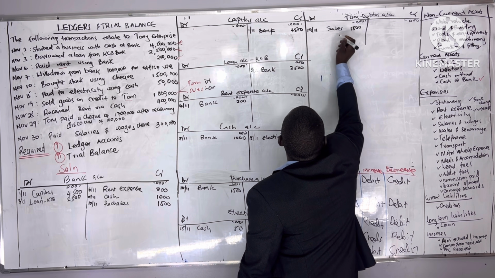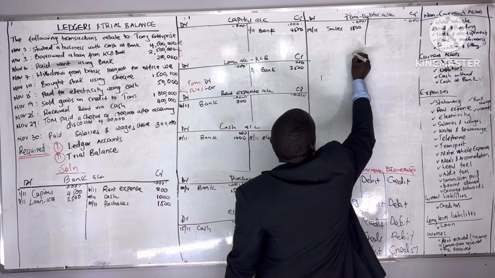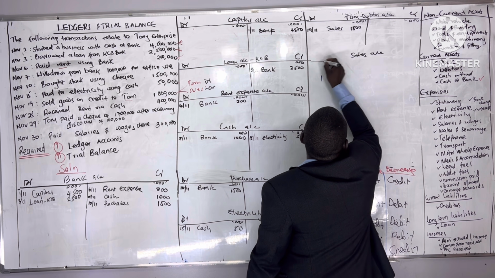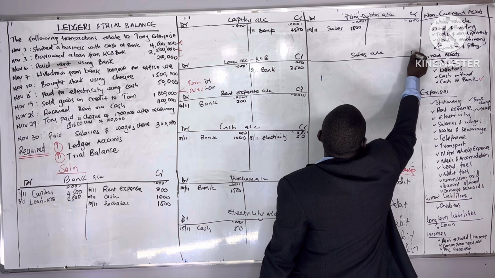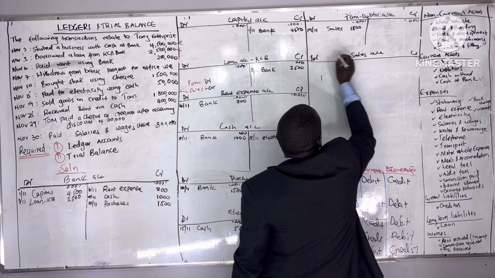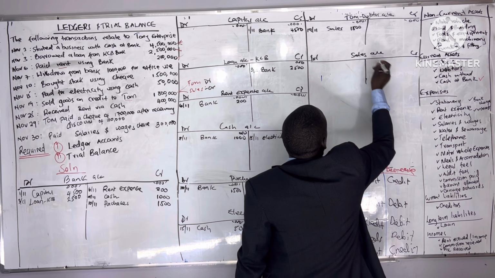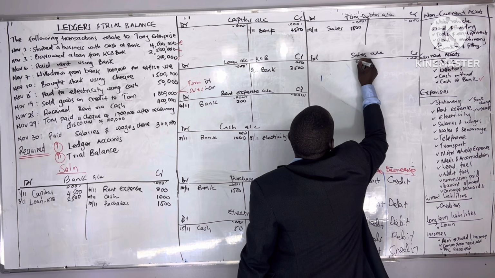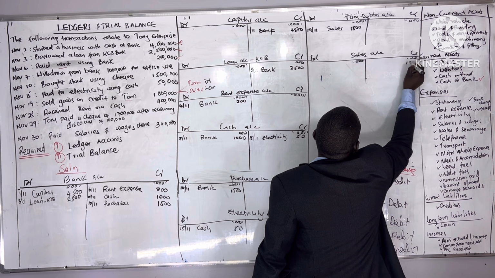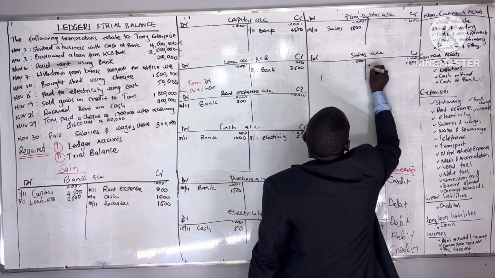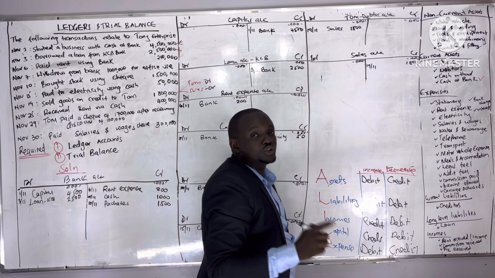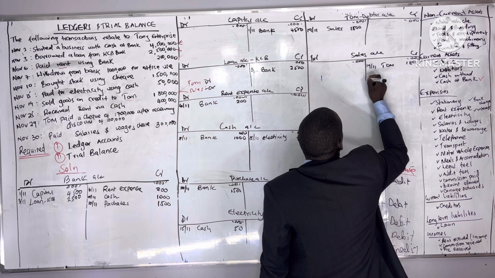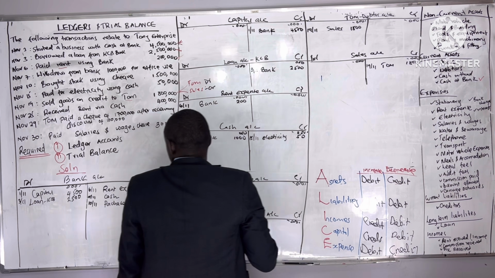These are sales, so we open a sales account. We put a debit and a credit. Since Tom's was a debit, this other one will become a credit. So we credit 1,800. We are done with that one.